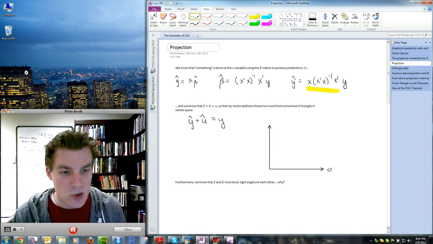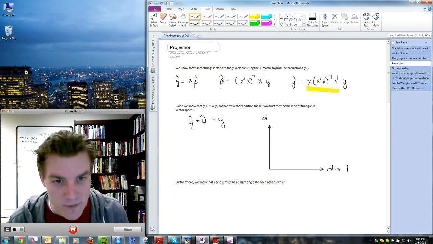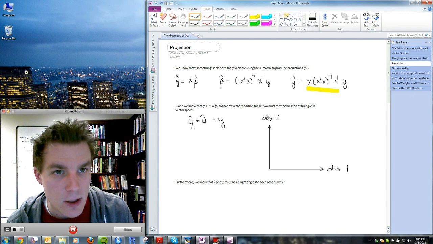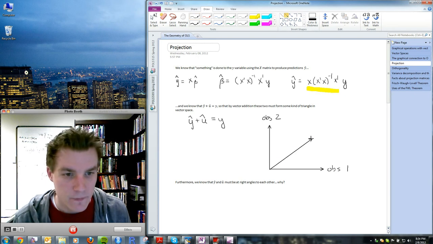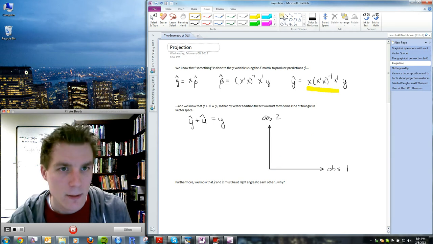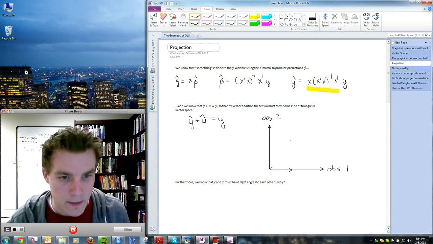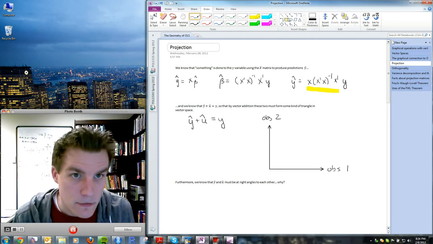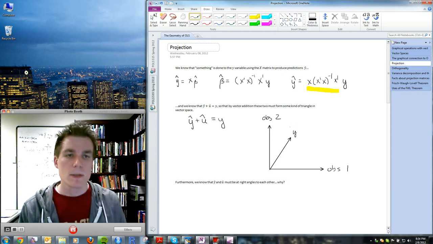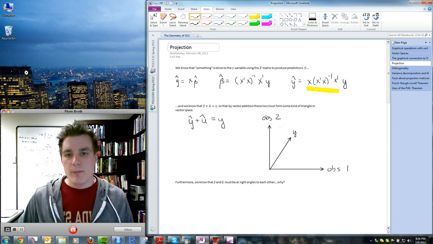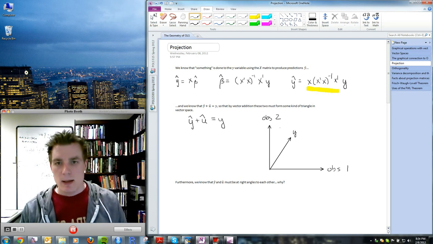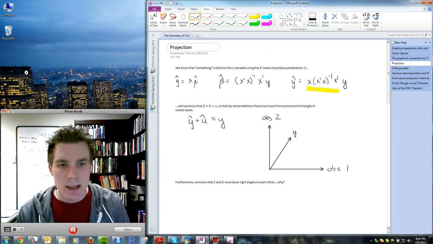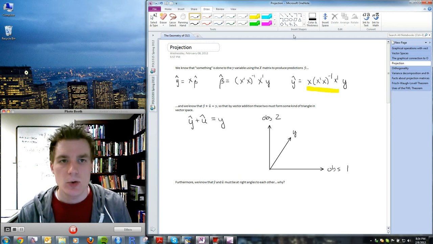So if I've got, again, two observations, observation 1 and observation 2, here is, let's say, my dependent variable. Call that y. I know that my prediction and my u have to add up in some way to y.